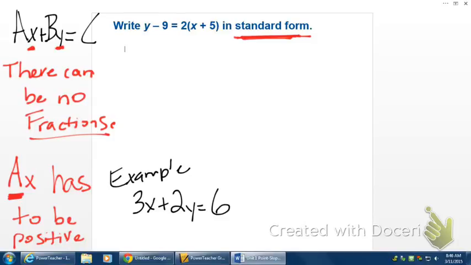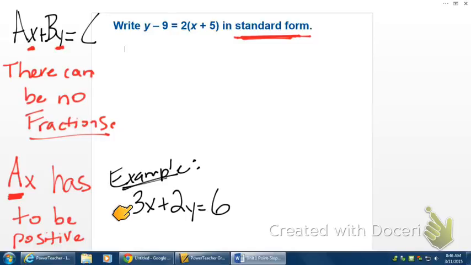That's a typical example of what it'll look like. Notice this, please. Are there any fractions throughout the 3, the 2, or the 6? No. So we're good on that part. Is the A value, or the number beside the X, positive? Yes. So we're good on that part also.